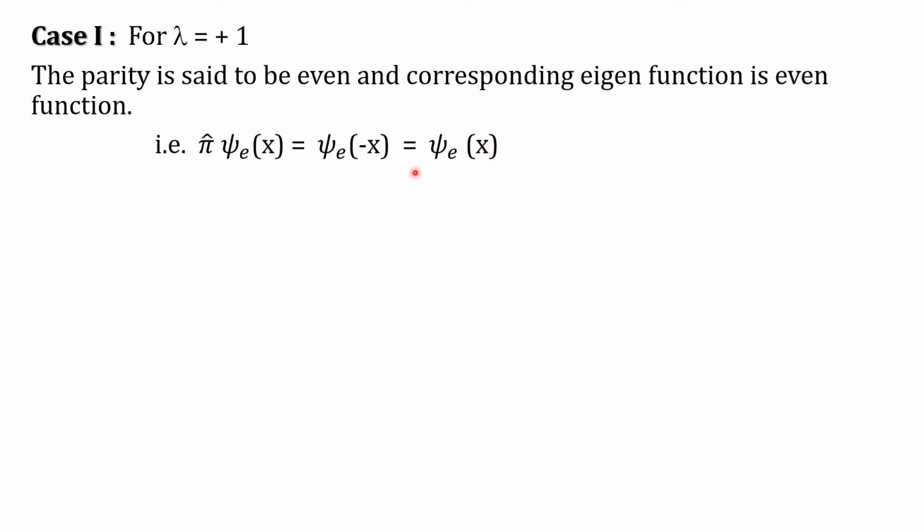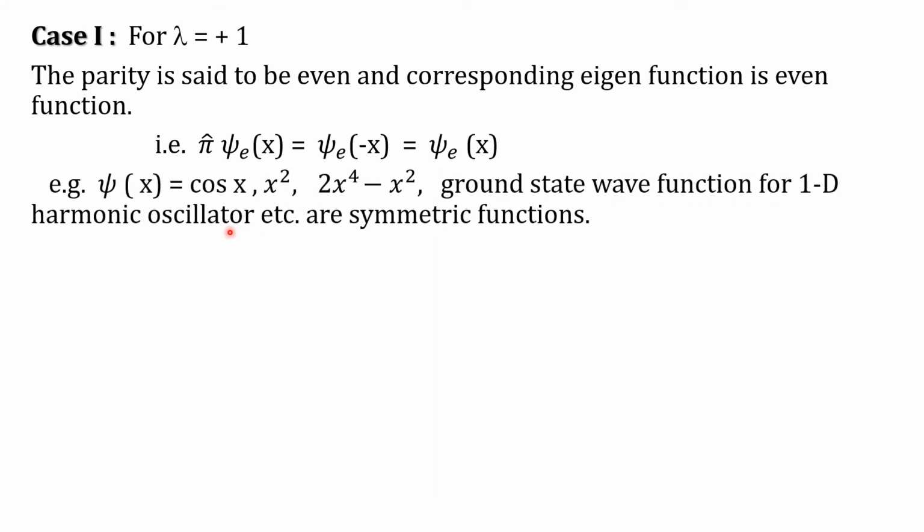Then only the parity is said to be even and the corresponding function is said to be a symmetric function. For example, if we choose the even function cos x, then ψ_even(−x) equal to ψ_even(x), since cos(−x) is cos x, and therefore it satisfies that condition.